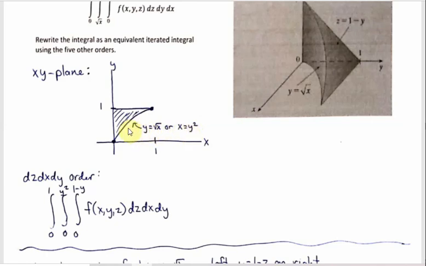Since that's the part on the right, that's going to be the upper limit of integration, right? Going left to right, the upper side is toward the right. And then the lower is going to be 0, because it's just the axis right there. And then the y values go from 0 to 1, so 0 to 1 for the limits of integration for y. So yeah, that one isn't too bad to get from the first one that's already there.